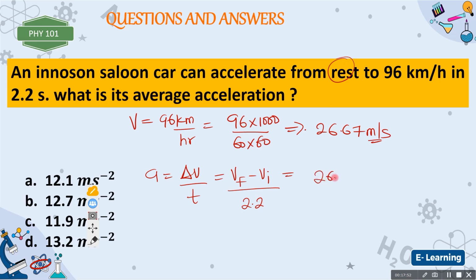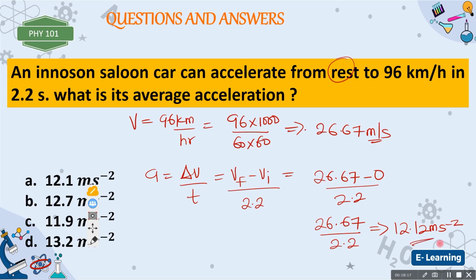So you are going to have 26.67 minus 0 divided by 2.2, which is 12.12. So we have 12.12 meter per second square, which is option A, 12.1 meter per second square.